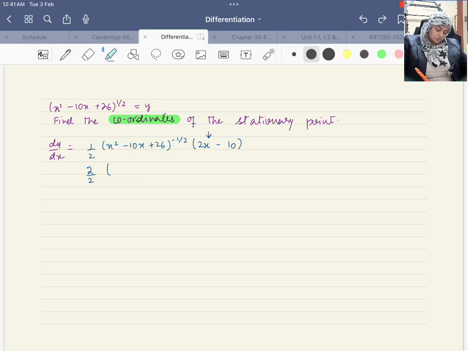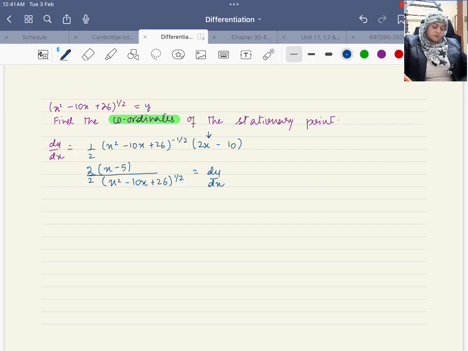So what am I going to do? 2 bracket 2 bracket x minus 5 upon x square minus 10x plus 26 to the power half is equal to dy by dx. This dy by dx is at the stationary point. So in place of dy by dx, we will write 0. This 2 cancels. So we have x minus 5 upon x square minus 10x plus 26.